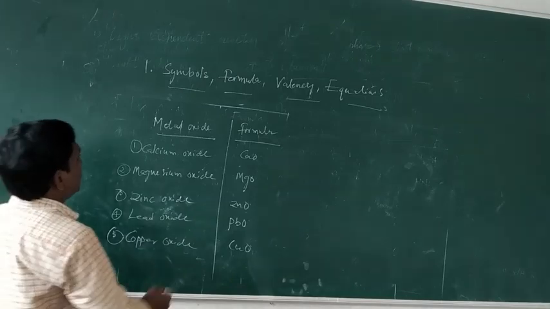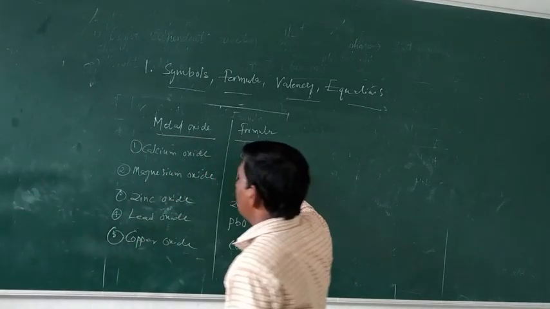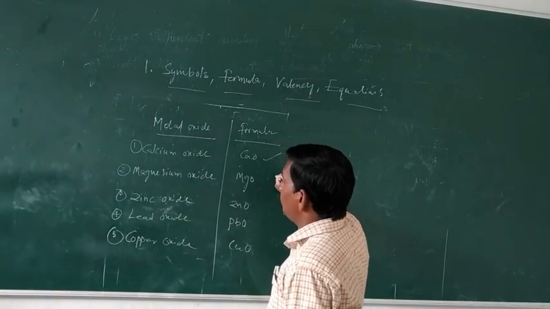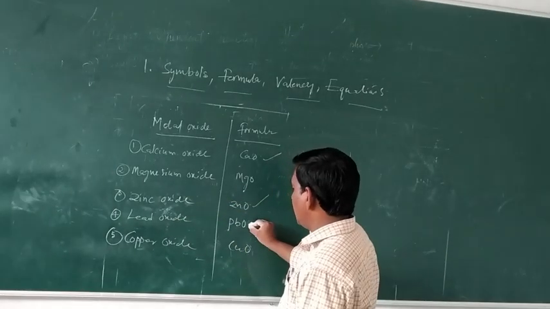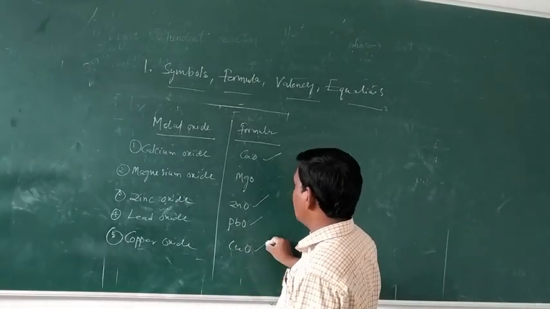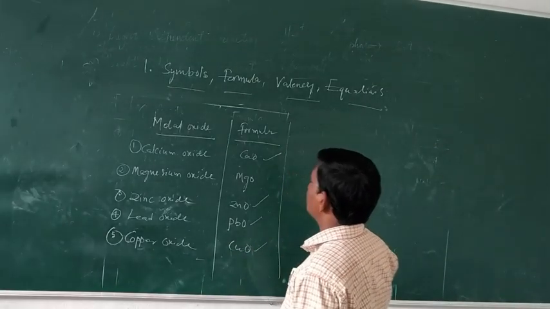So these are the metal oxides and their formulas: calcium oxide CaO, magnesium oxide MgO, zinc oxide ZnO, lead oxide PbO, and copper oxide CuO. So these are the formulas of the compounds.